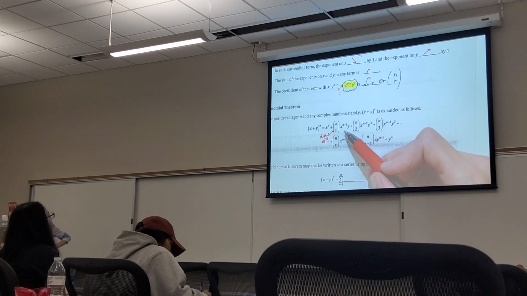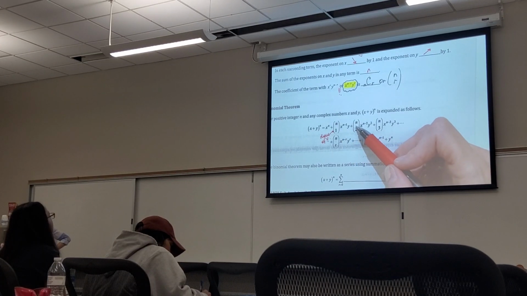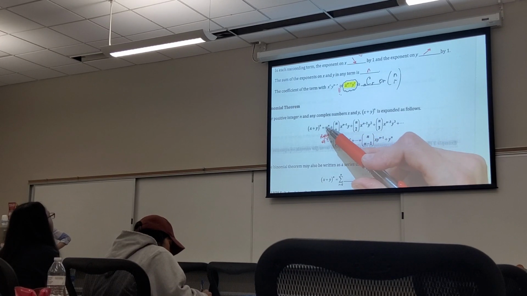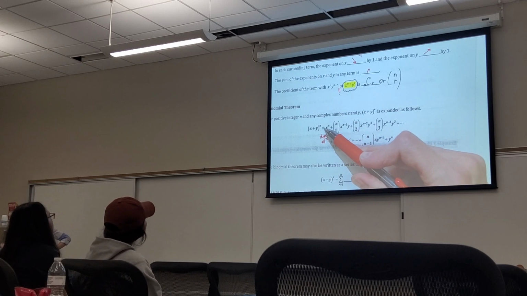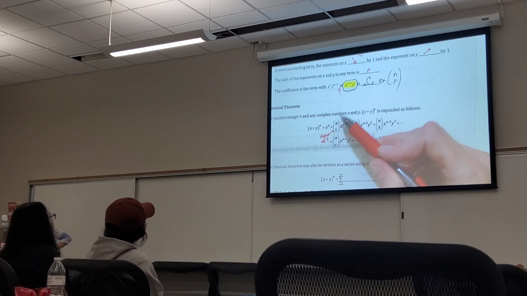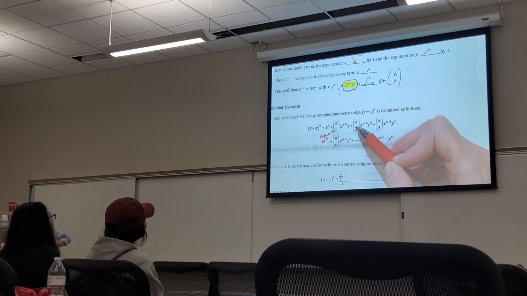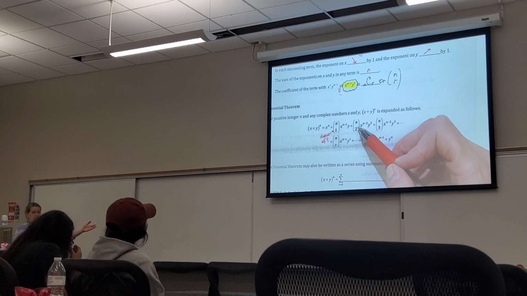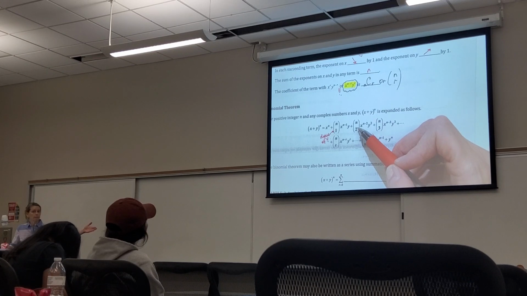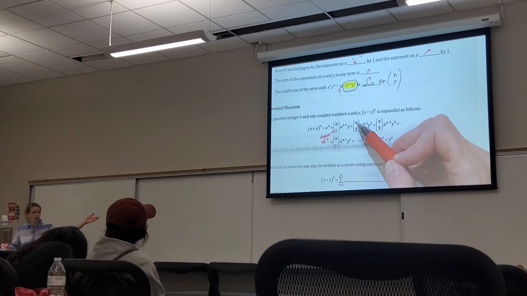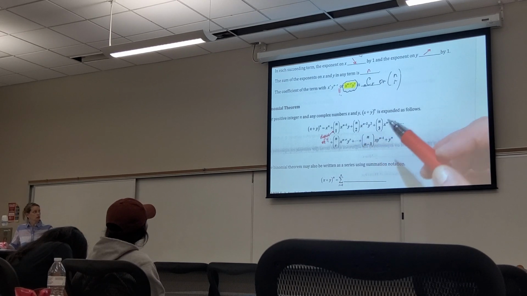It must match. So to find the second coefficient, it would be the second term, correct? Because this is 1. So this would be the second term in your expansion. It's going to be a combination, and you are going to choose a group of 2 out of n, correct? Then you move on.